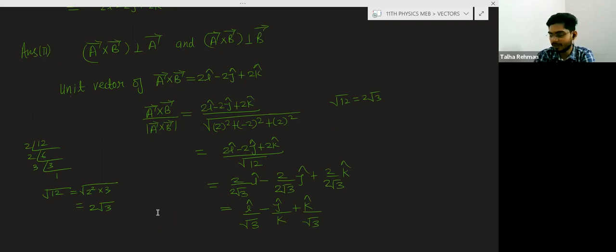I have not covered relative velocity because relative velocity is removed from your syllabus.